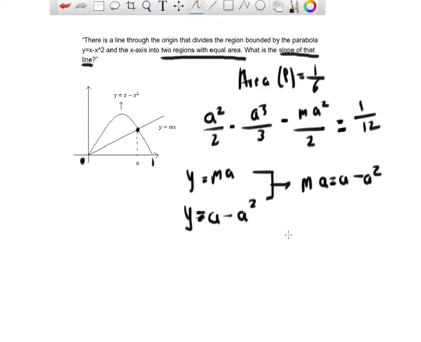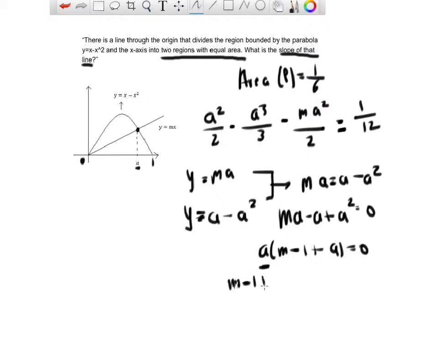Now solving this equation, we get ma minus a plus a squared equals 0, and a times m minus 1 plus a equals 0. Since a is between 0 and 1, a can't be 0. So m minus 1 plus a has to equal 0. That means m equals 1 minus a.